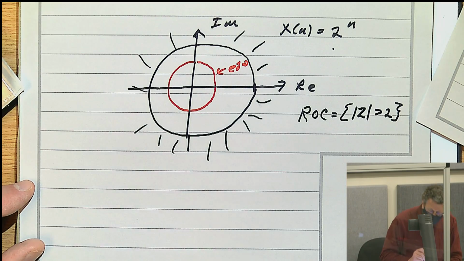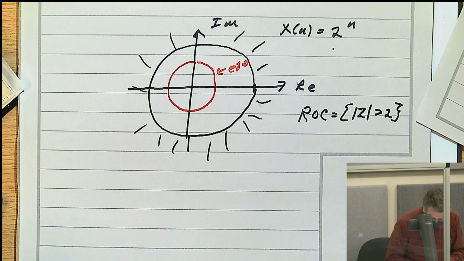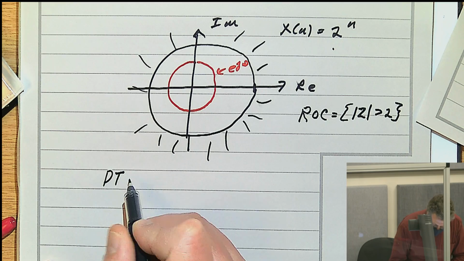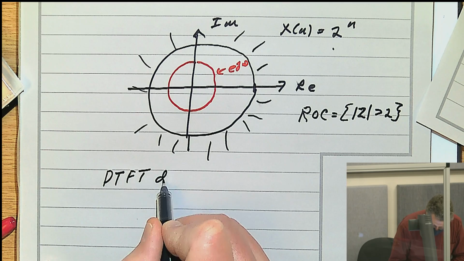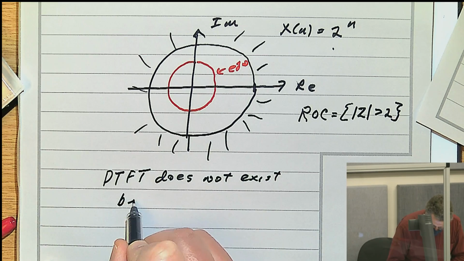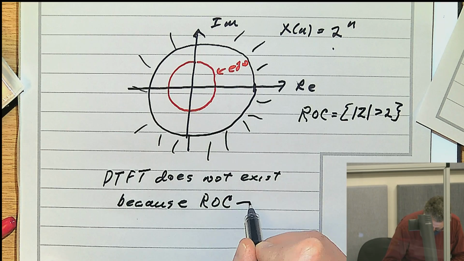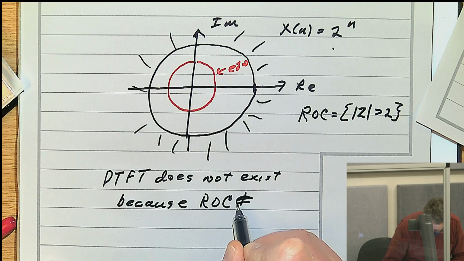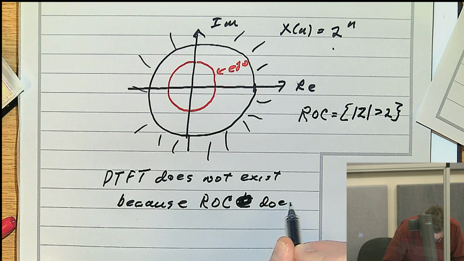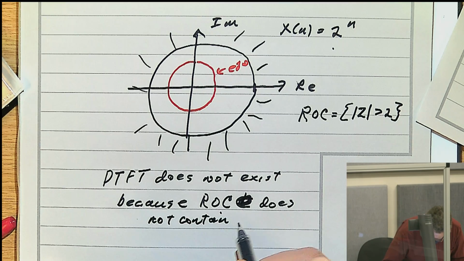Okay, so the result is the same. Here the DTFT, discrete time Fourier transform, does not exist because the region of convergence does not contain the unit circle.